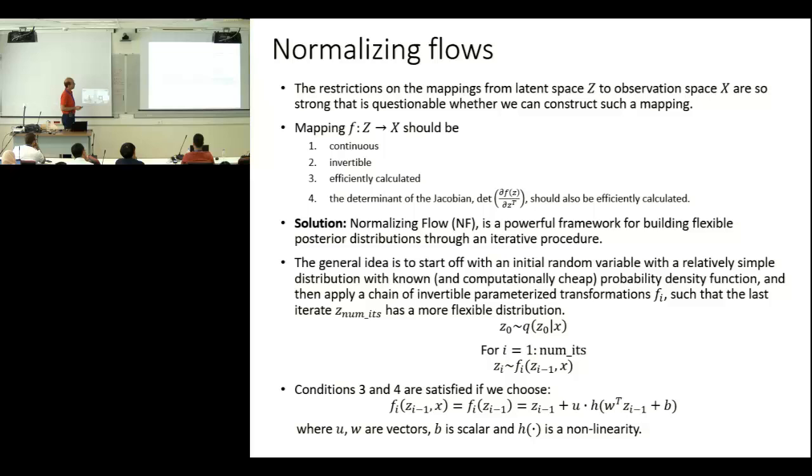Conditions 3 and 4, to be efficiently calculated, are satisfied if we choose as mapping this affine transformation here, which is a very simple transformation. It consists of the previous value times a multiplication with a non-linearity, and this is an affine transformation. So this can be easily computed with a one layer neural network.